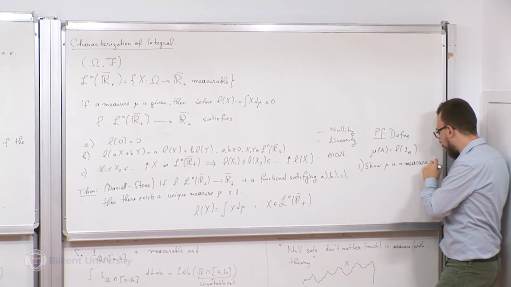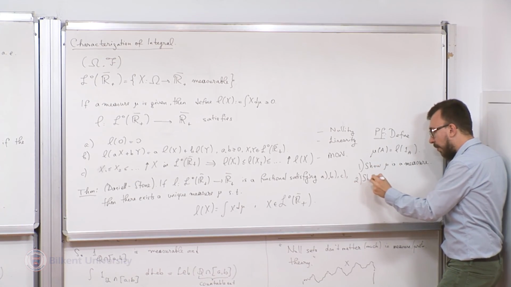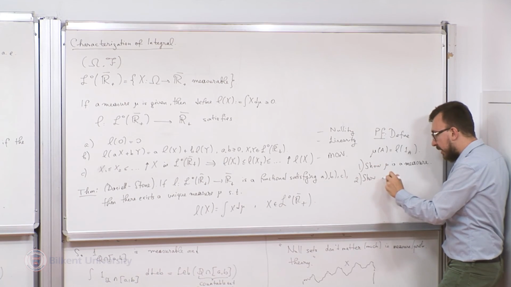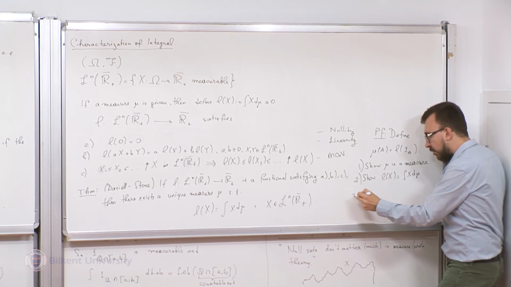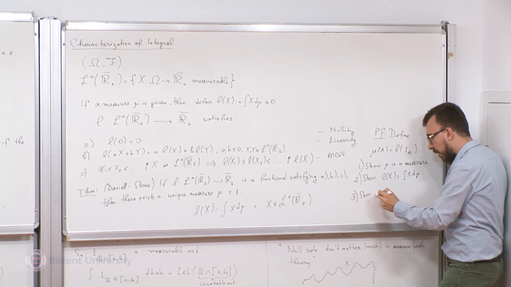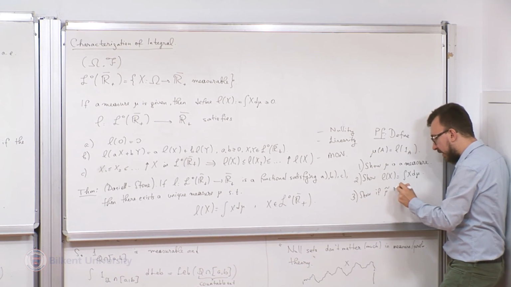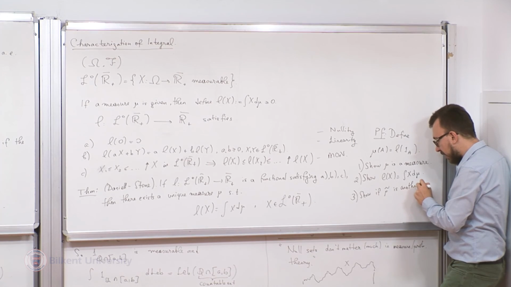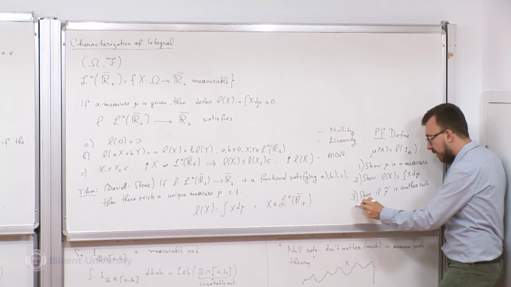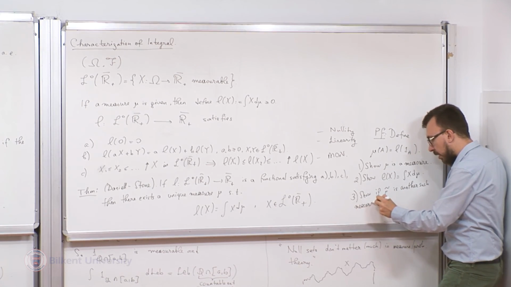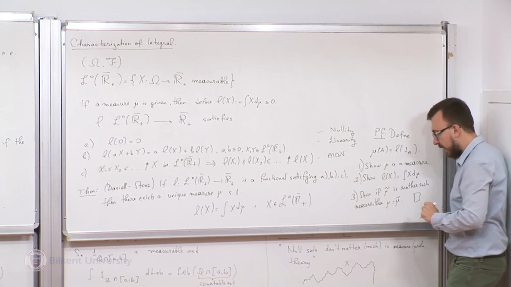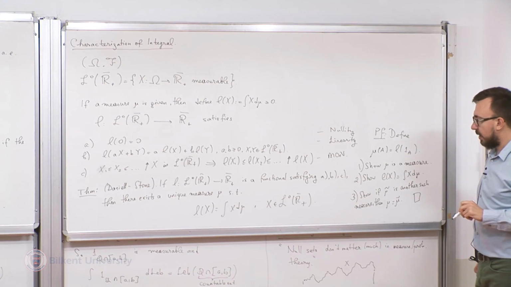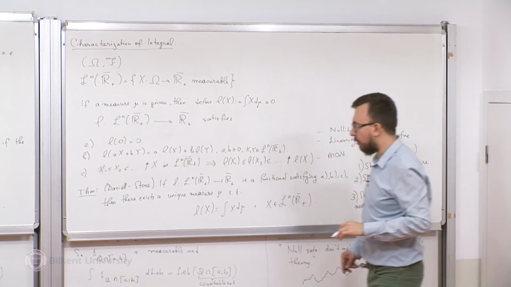First show mu is a measure, then show L is an integral, and show that if mu tilde is another such measure, then mu and mu tilde are equal. And that's the uniqueness part. So it's just a sketch of proof.